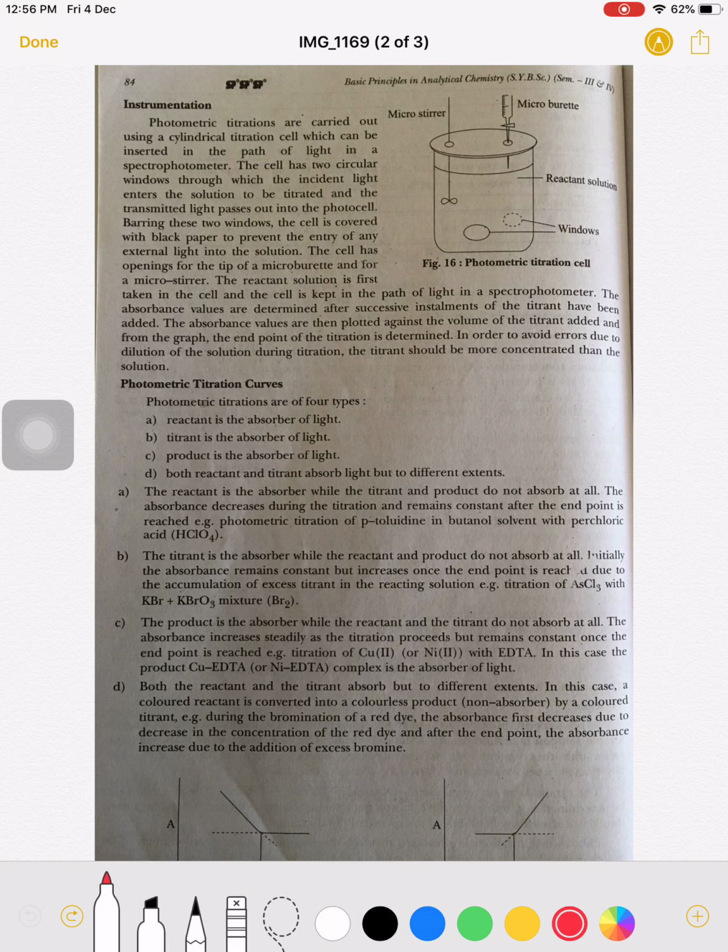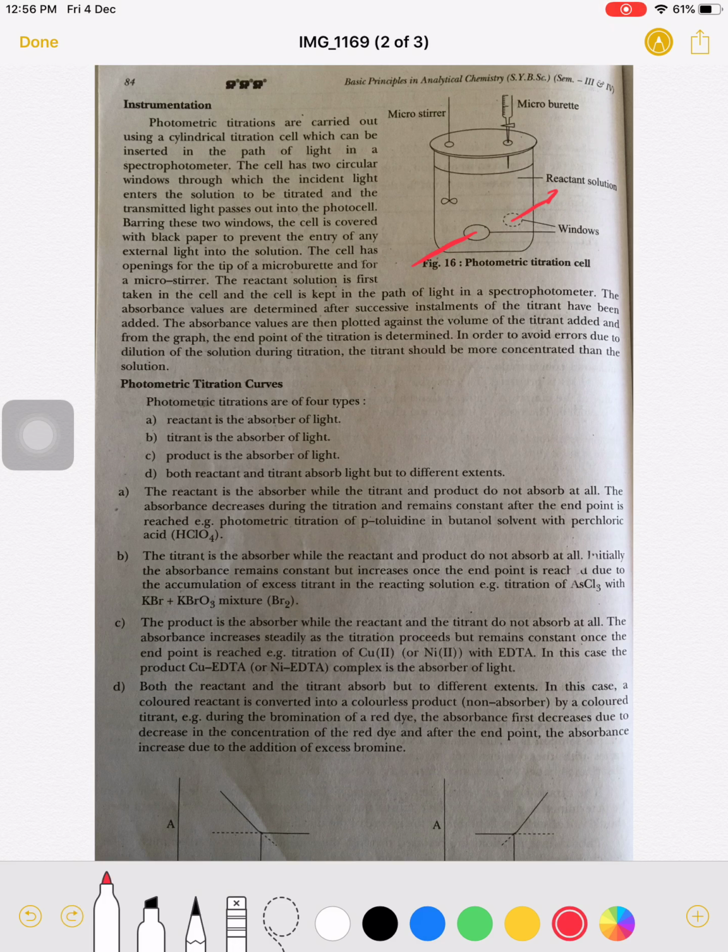The cell has two circular windows through which the incident light enters the solution and the transmitted light passes out into the photocell. So this is for the incident light and this is the transmitted light.